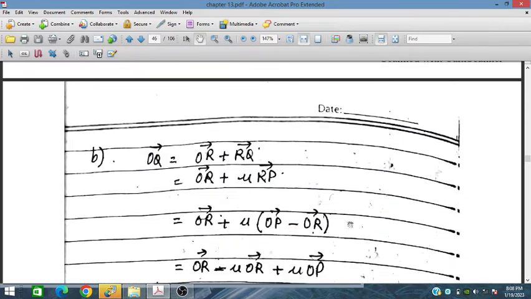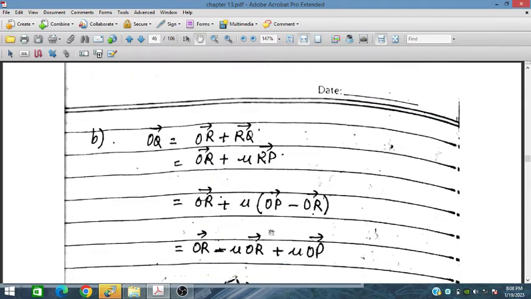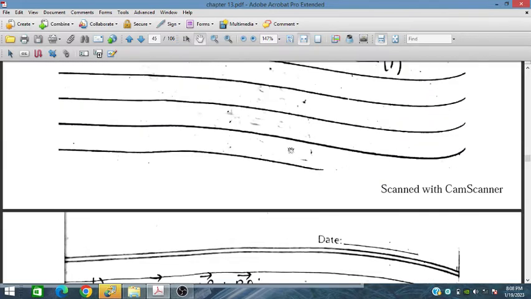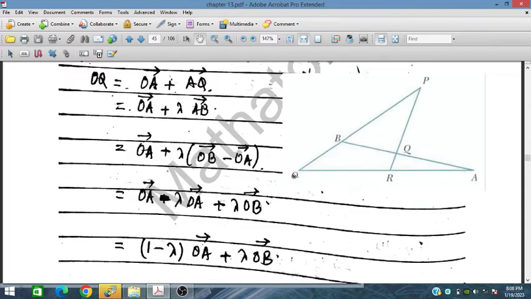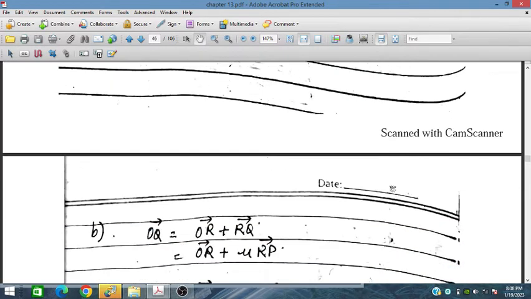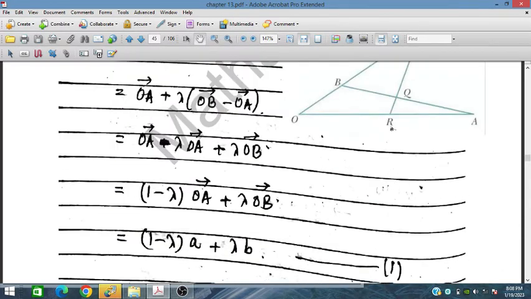Secondly, OQ is obtained in terms of mu, a and b. So OQ is OR and then RQ.